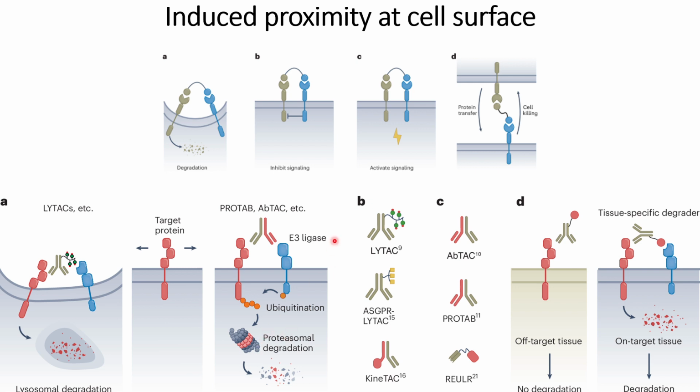Some examples of lysosomal degradation are shown in panel B, where we can see that LYTEC9 is one of the reagents that can be used to target proteins at the cell surface. Others are ASGPR, LYTEC15, and KINTEC16.